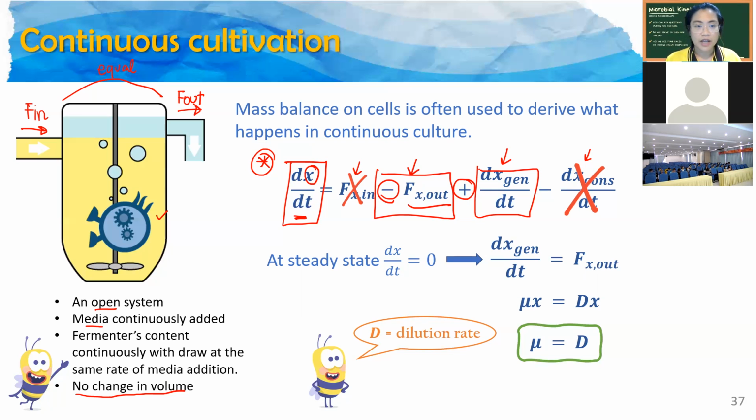But after a while, the content in the fermenter starts to be stable. And when things start to be stable, that means if you take samples, you don't see the change in biomass, you don't see the change in substrate concentration, and you don't see the change in product formation. What we call that state is a steady state.